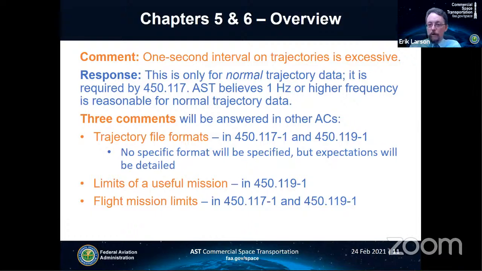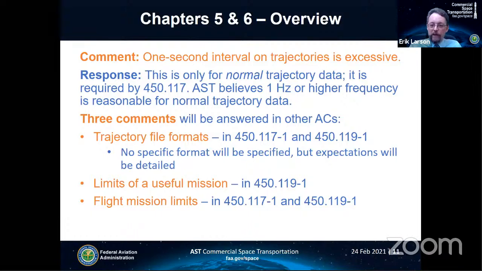There's also 3 other comments that will actually be answered in future ACs. There'll be the trajectory file formats, what will AST expect? And that will be covered more in the 117 and 119 ACs. And just to point out, there will be no particular format specified, but there will be clear expectations for what needs to be included in those.